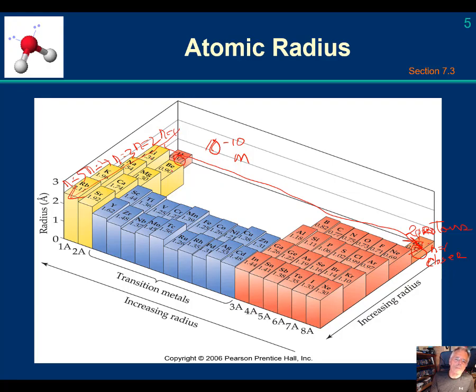Lithium is larger than beryllium, which is larger in atomic radius than boron, than carbon, nitrogen. And neon's over here at 0.69 angstroms, whereas lithium is way over here at 1.3 angstroms. Lithium has 3 protons in the nucleus, and neon over here has 10 protons in the nucleus, but they're all at n equals 2. So as you go across the periodic table, the radius is getting smaller.